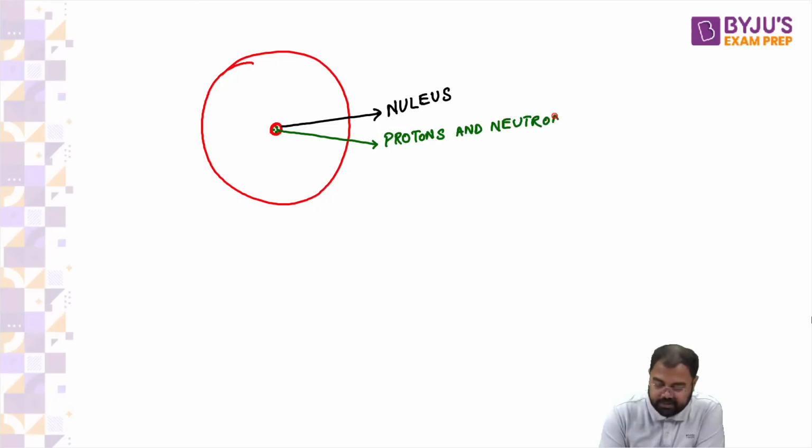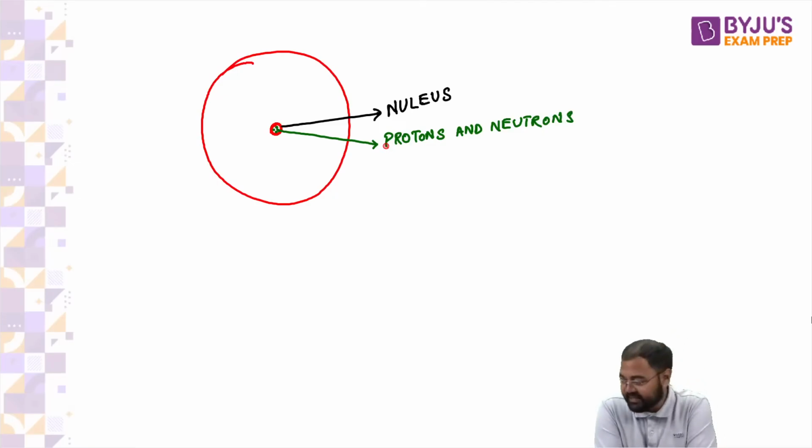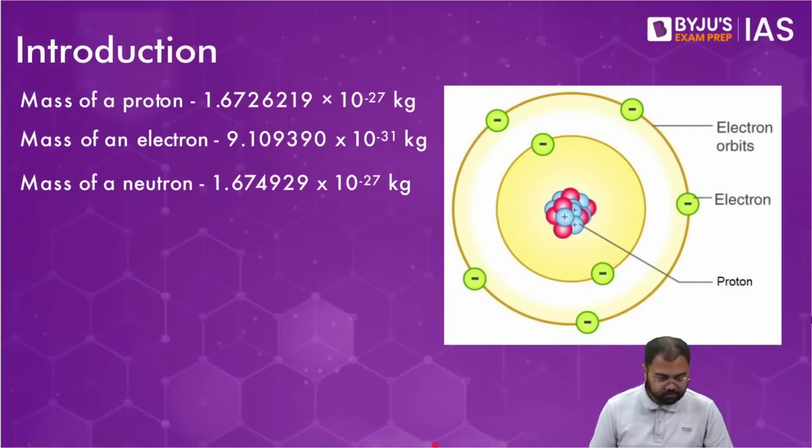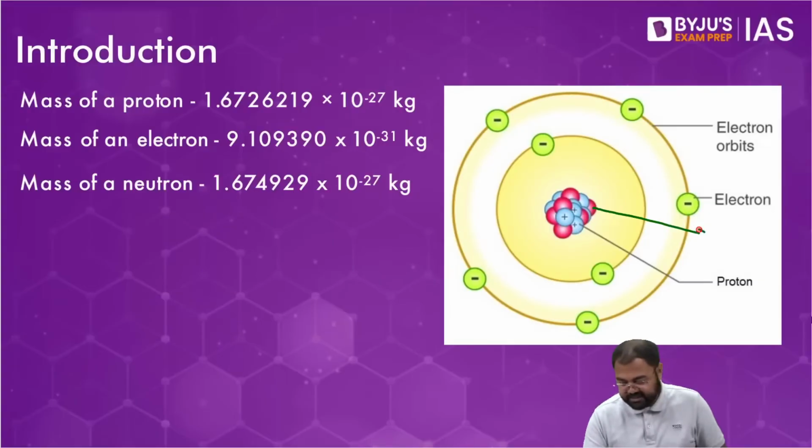Protons carry positive charge and neutrons do not carry any charge, correct? If you see this, you have protons here, you have electrons, and along with these protons, these red colored parts are the neutrons. All right, these are the neutrons.